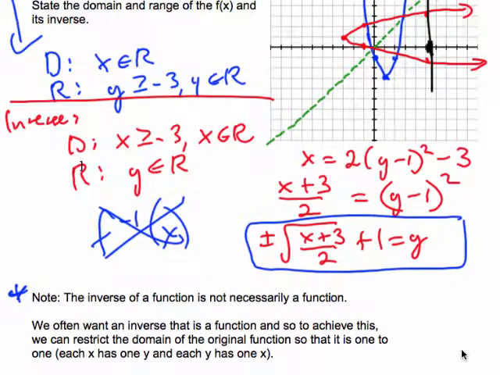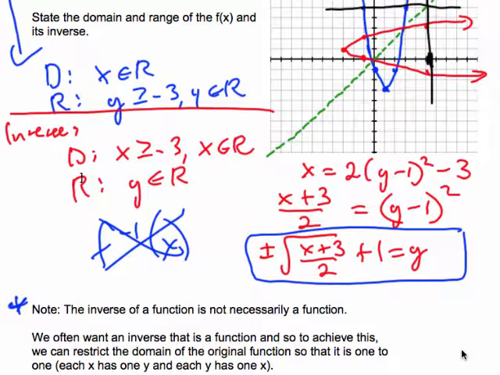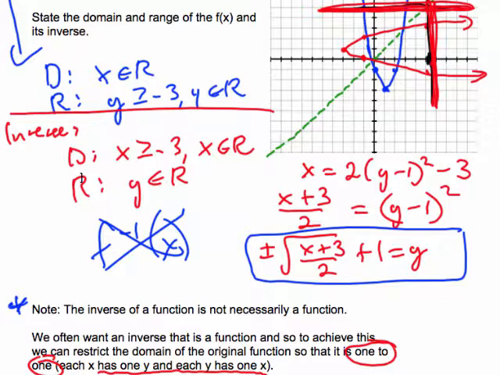Remember, what's causing my inverse to not be a function is that each x has two y's right here. Reversing that to the original, that means that a given y is only going to be able to have one x. So not only is my original graph going to have to pass the vertical line test, it's going to have to pass the horizontal line test. Each x is going to have one y, and each y is going to have one x, something we call one-to-one, if we want an inverse which is a function.